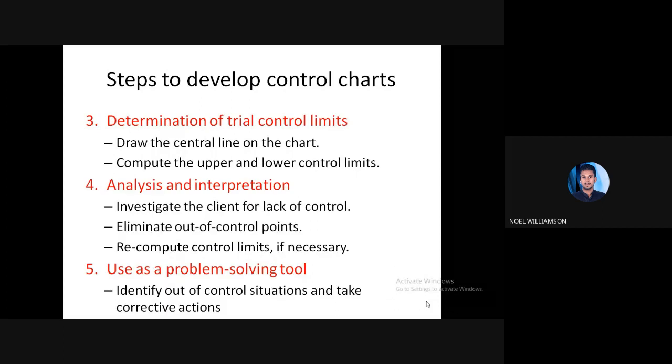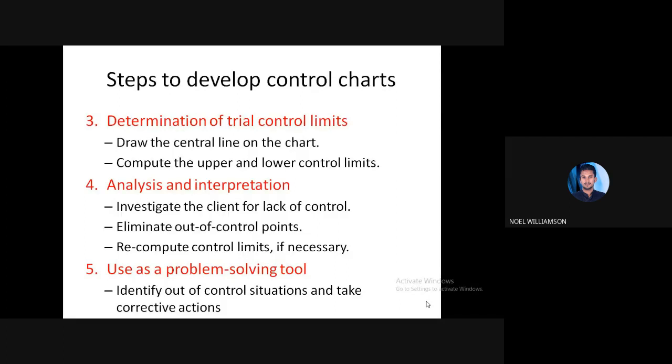Next, we go for the determination of trial control limits. In order to find the tolerance and all, there should be the control limits, upper control limit and lower control limit. So for that, first of all, we draw a central line on the chart.